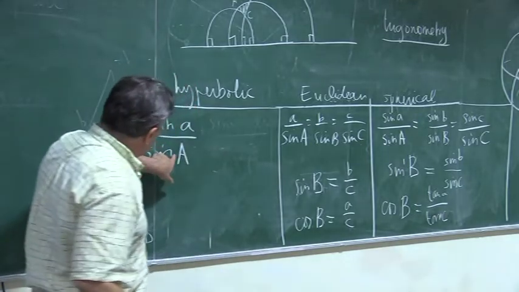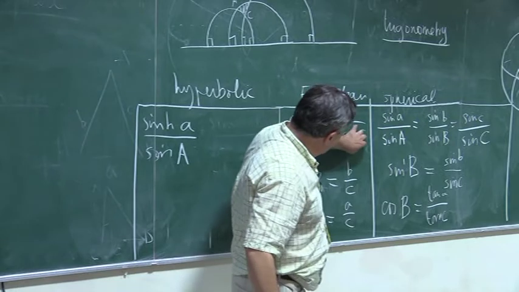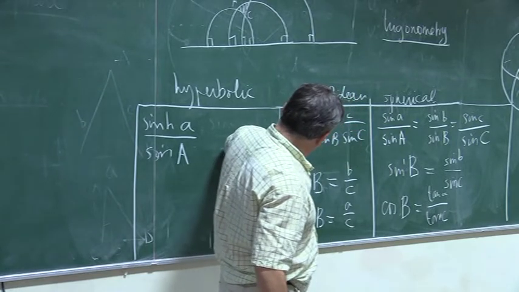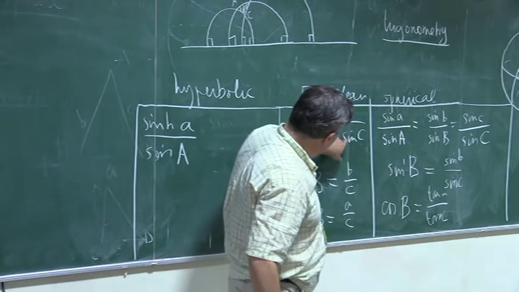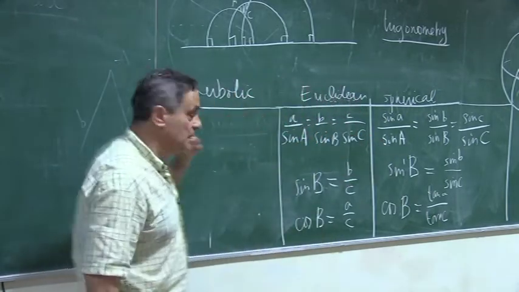So you don't put sinh here, okay? The angles, in fact, you will notice that the angles in this formula, you don't change them at all. You change only the lengths.